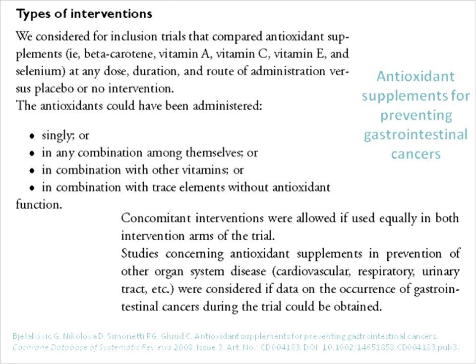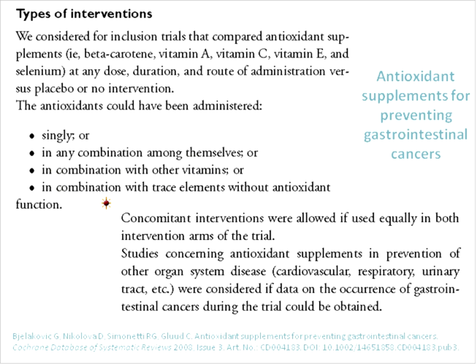And just to provide an example, this is from a review looking at antioxidant supplements for preventing GI cancers. Here they specified their supplements and indicated any dose, duration, and route of administration. They thought all that through, and indicated what their control was, so it was placebo or no intervention. They specified the possible intervention arms, so they considered what possibilities might exist and how they would deal with them.